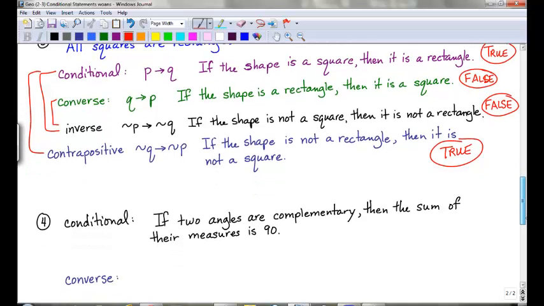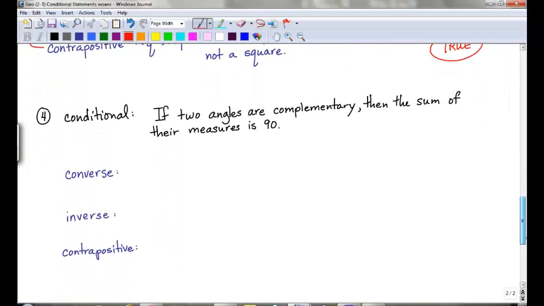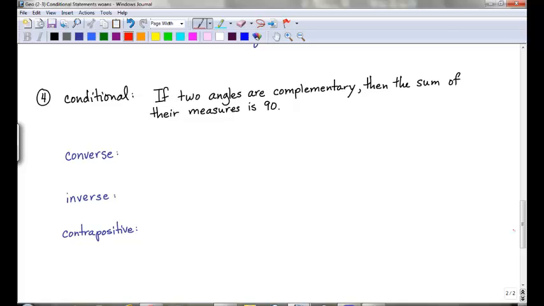Look at number 4. We're going to go through it together. If two angles are complementary, then the sum of their measures is 90. That is true.